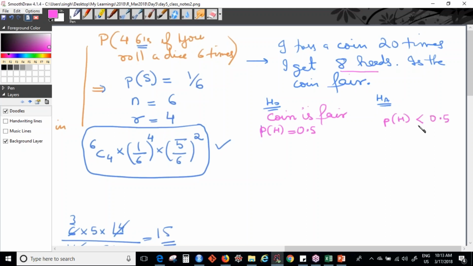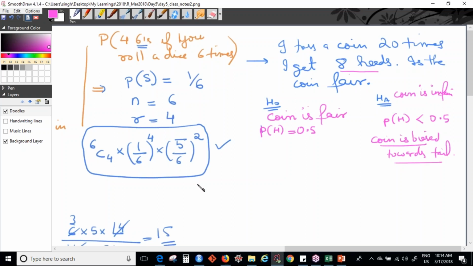You cannot say that it is greater than 0.5 because you are getting less than 10 heads. Only if you get more than 10 heads, you will say that the probability is greater than 0.5. So your alternative will be that probability of head is less than 0.5, or you can say the coin is unfair. Or in another way you can say the coin is biased towards tail, right? Because you are getting more tails. That is your alternative hypothesis.